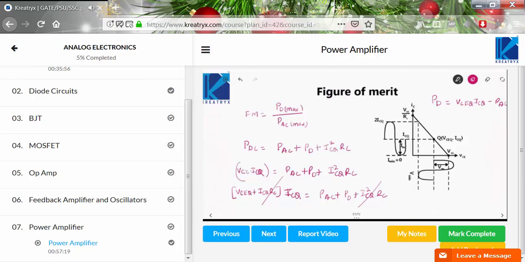So here P_D is maximum when P_AC is 0, right? Then P_D max is nothing but V_CQ into I_CQ. This is the maximum power dissipated in a transistor.